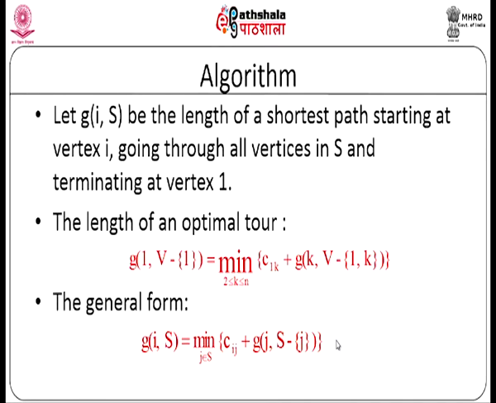We have to find all the paths from the source vertex, then store them in the table, then increase the set and recompute the length of the optimal tour involving the length that we have already obtained.